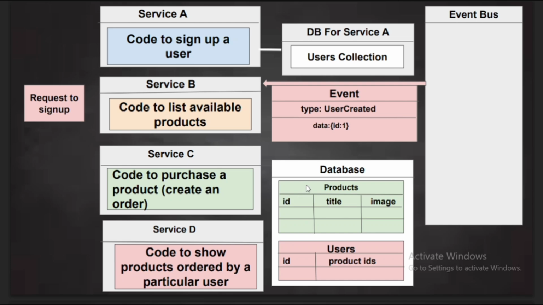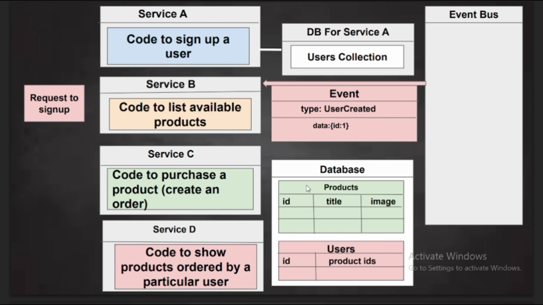We would say, okay, a user was just created. I am going to save them as a user to my users collection. Right now this user has not ordered any products, so maybe just put in an empty array of product IDs.